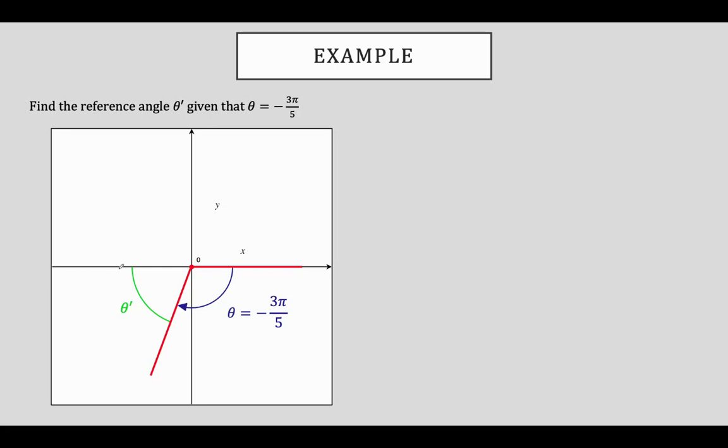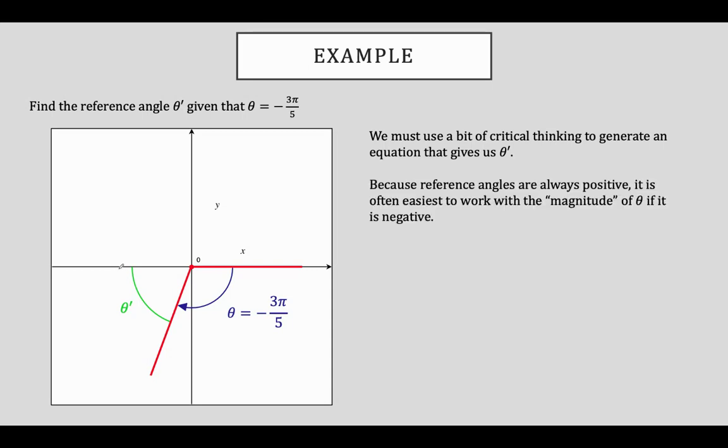How are we going to find theta prime in this case? Again, let's do a little bit of critical thinking. One thing to make note of here is that reference angles are always positive. And because reference angles are always positive, it is often easiest to work with the magnitude of theta if it is negative. Magnitude just means the absolute value of the quantity.